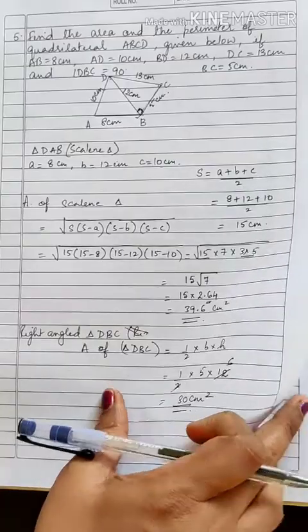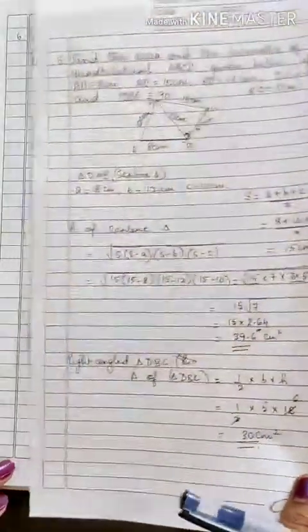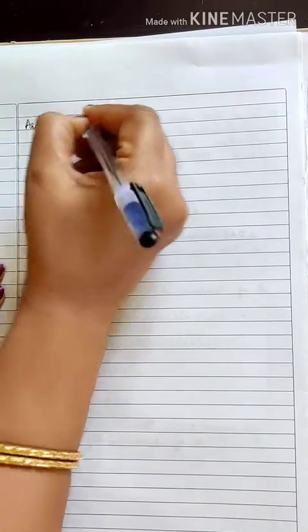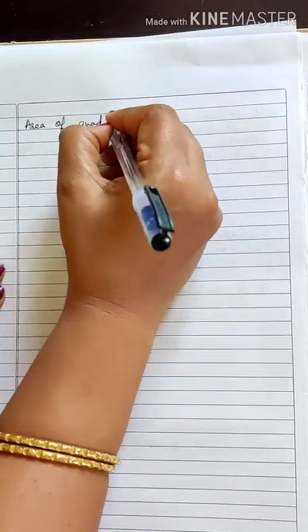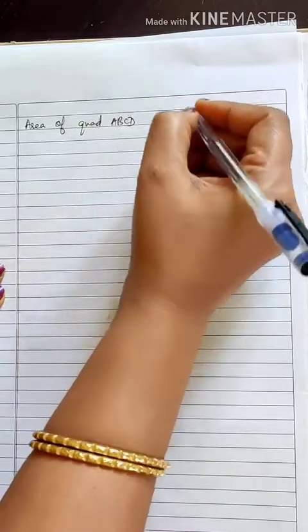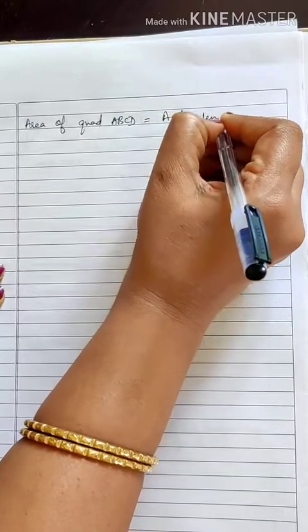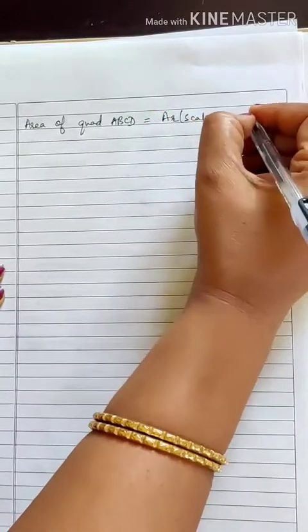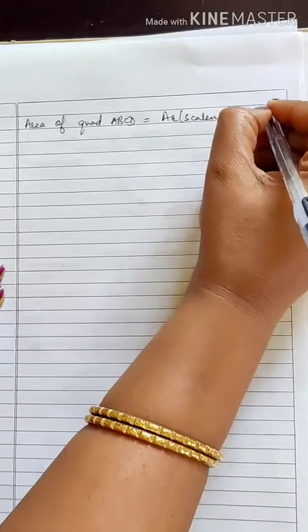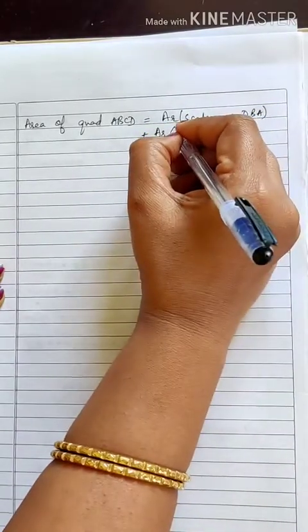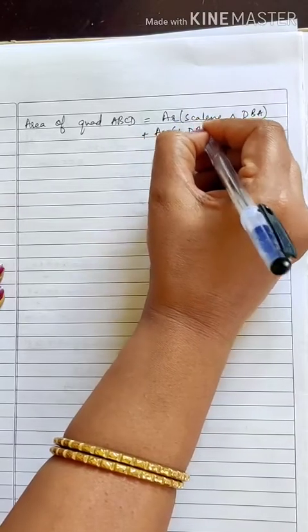Now when you are finding the area of quadrilateral ABCD, the area of quadrilateral ABCD will be equal to the area of scalene triangle DBA plus the area of right angle triangle DBC.